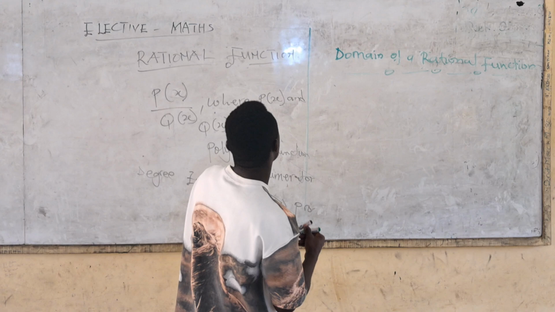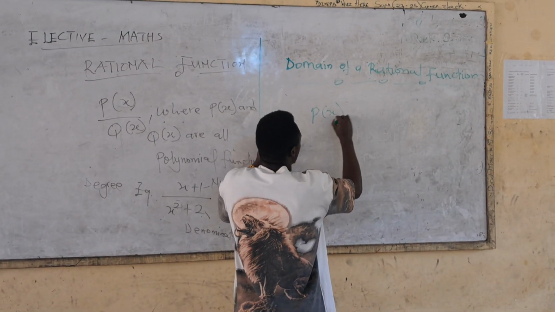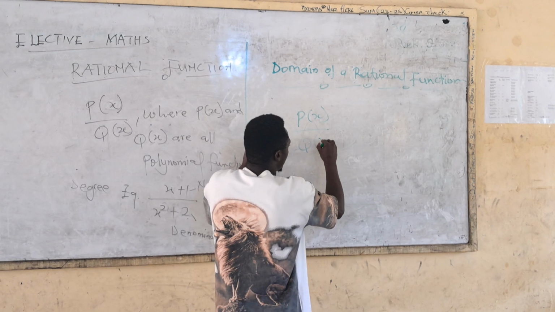A rational function is always in the form p of x over q of x.